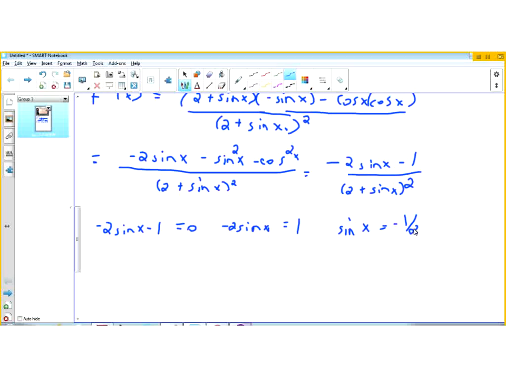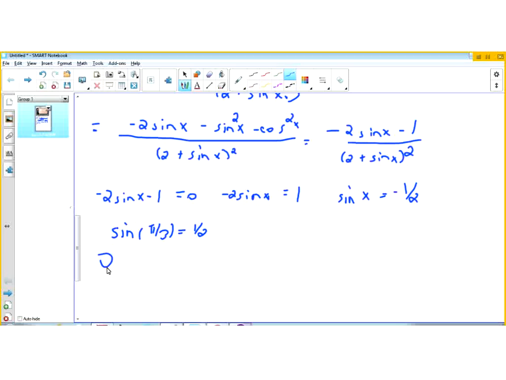Okay, so where does sine x equal minus 1/2? Well, that would occur in quadrants 3 and 4, right? And so we know that the sine of pi thirds radians is equal to 1/2. In quadrant 3, we would have the sine of 4 pi over 3 is equal to negative 1/2.